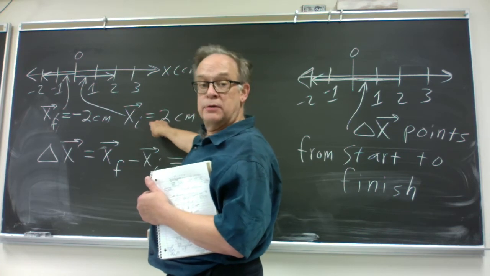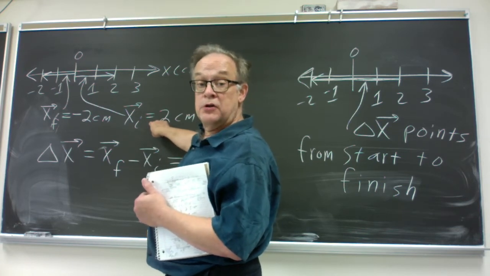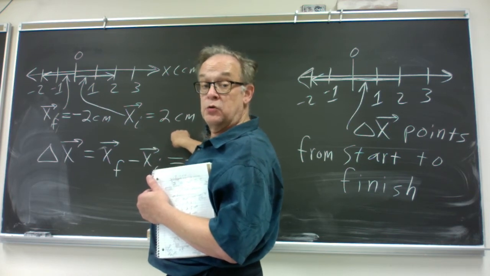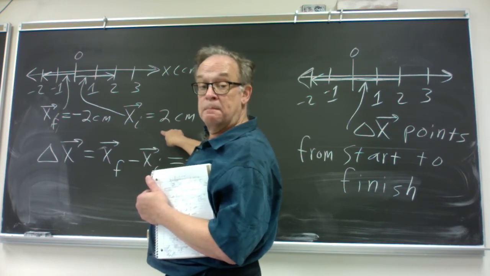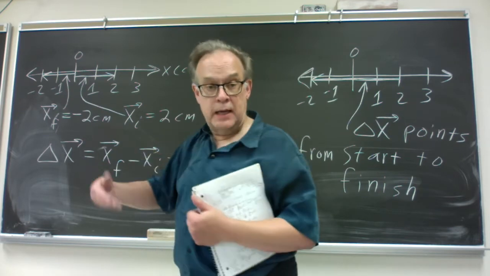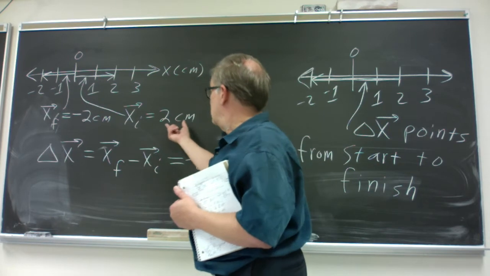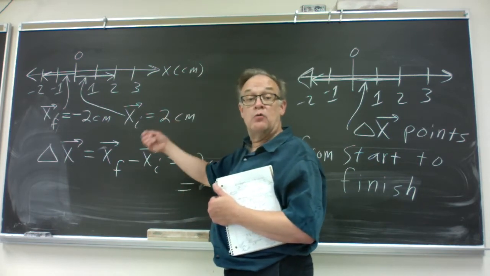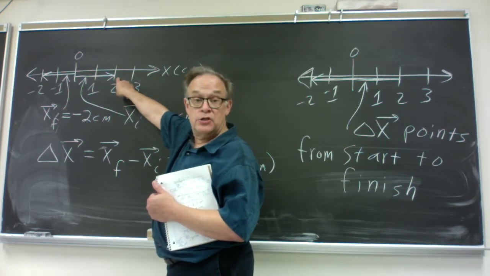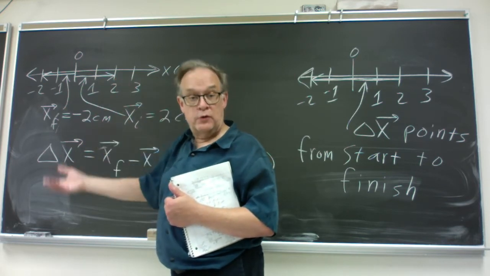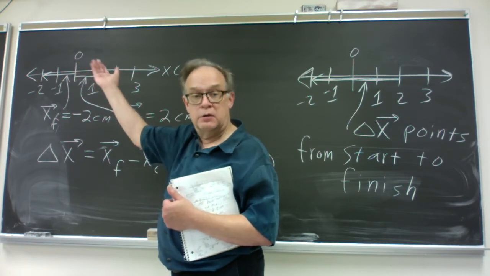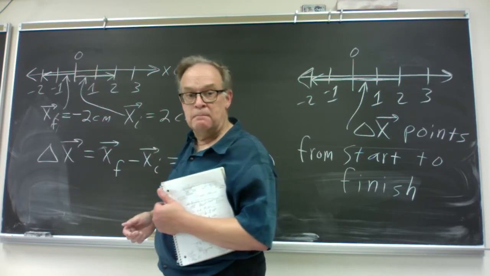Initial location is a vector, something with both size and direction. So when we say that the initial location is 2 centimeters, what we mean is that the size or magnitude, the absolute value, 2 centimeters, tells you how far away the initial location is from some reference point, and usually we just call the reference point 0 in most coordinate systems.